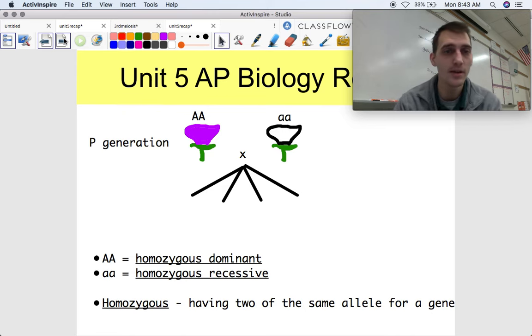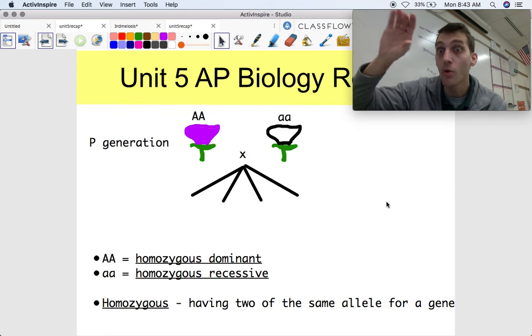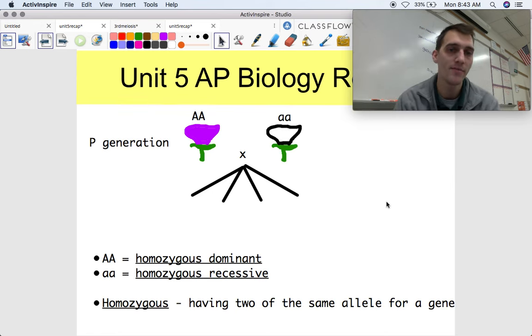Okay. So here's the P generation once again. If we assign some terms to these, and we work this out using Punnett squares, then it becomes clearer why the white trait came back after a generation. These two true breeding plants are what we call homozygous dominant and homozygous recessive, and these are what we call genotypes.